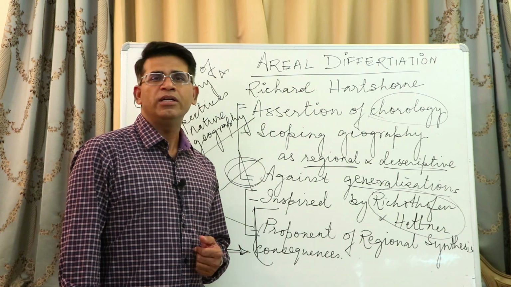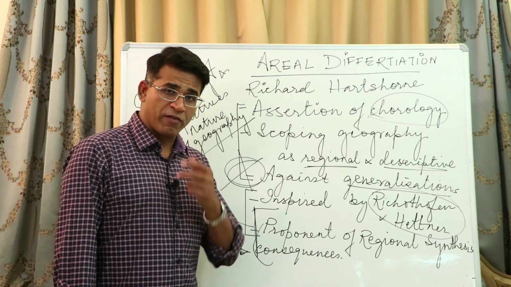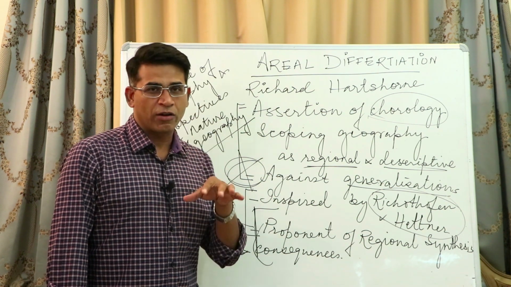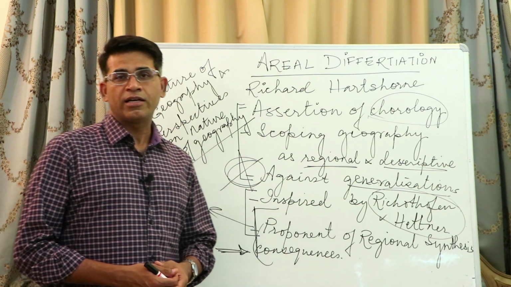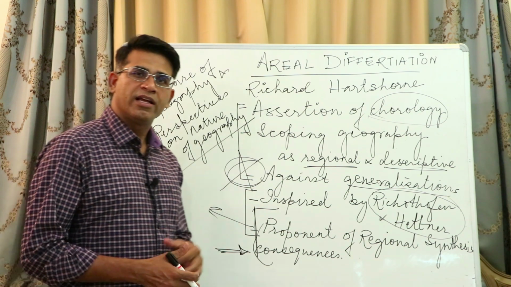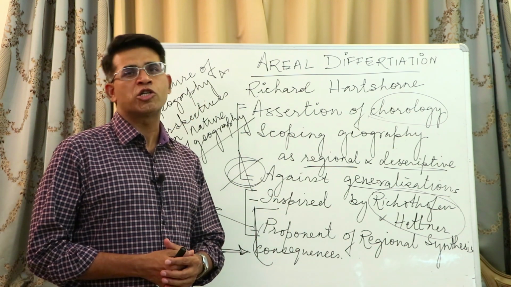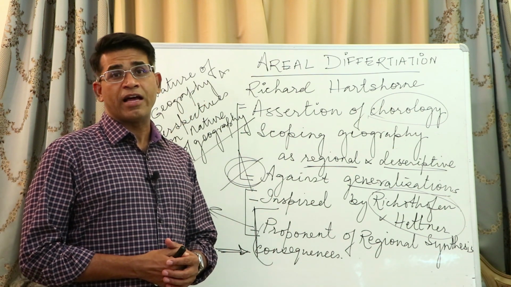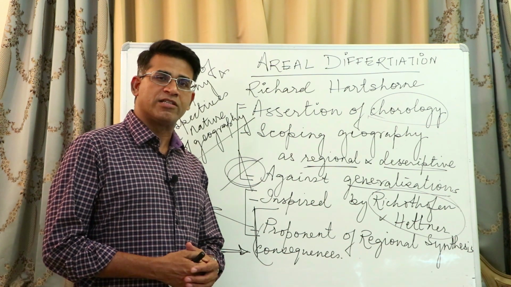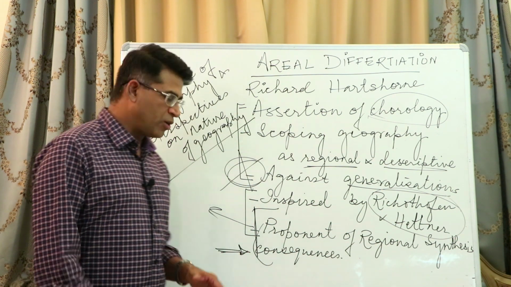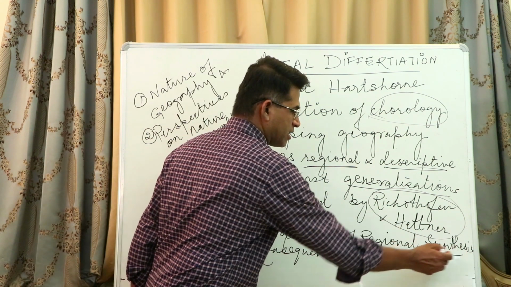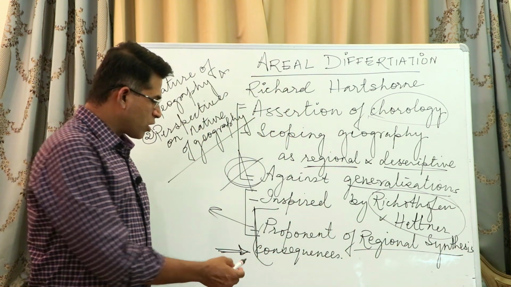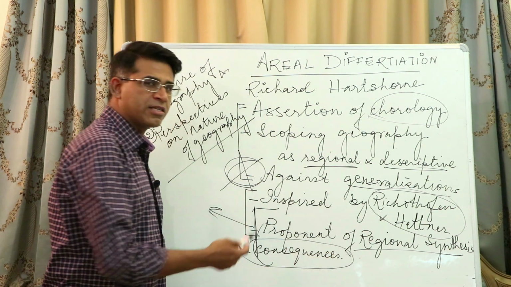In scholars like Hartshorne, and even in the works of Richthofen, we find that regional geography has the element of synthesis, the effort at establishing the causal interrelationships between the diversity of the phenomena and events on the Earth's surface. So areal differentiation is also regional synthesis. And what was the consequence of all these debates and assertions?